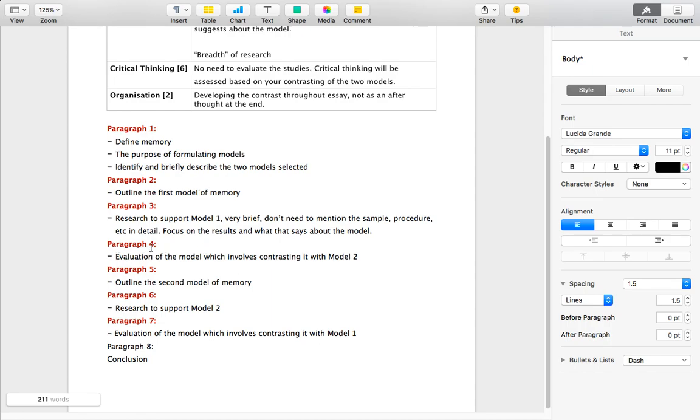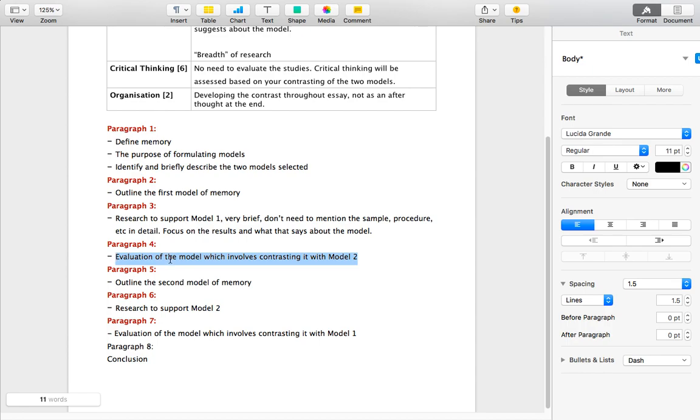So when I go into paragraph 4, again, I will not be evaluating the study. I will be evaluating the model, which will then contrast with model 2. Even though you have not introduced model 2 yet, we know that that is the model you'll be focusing on from your introduction. Okay, so you will make points of contrast in this paragraph.